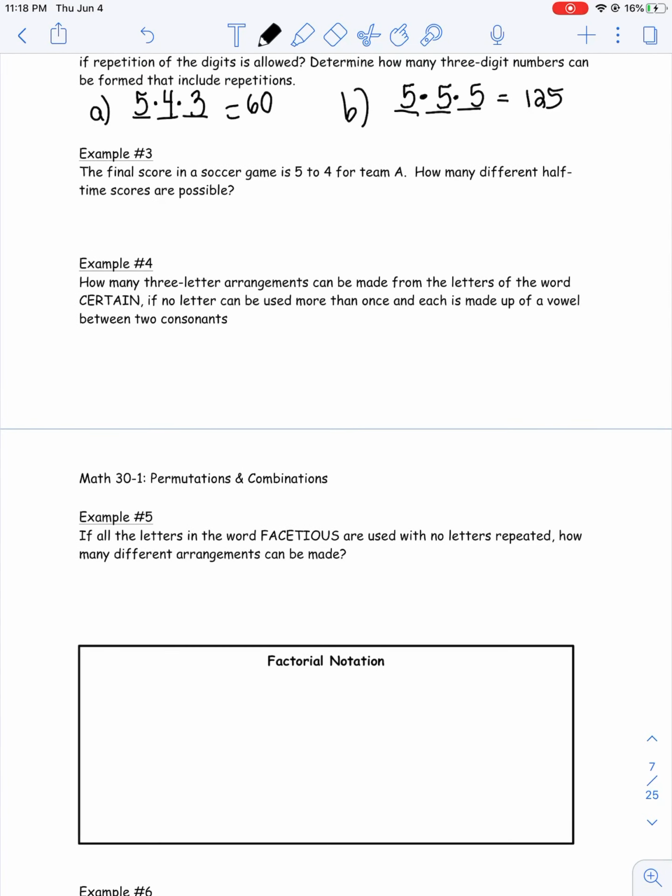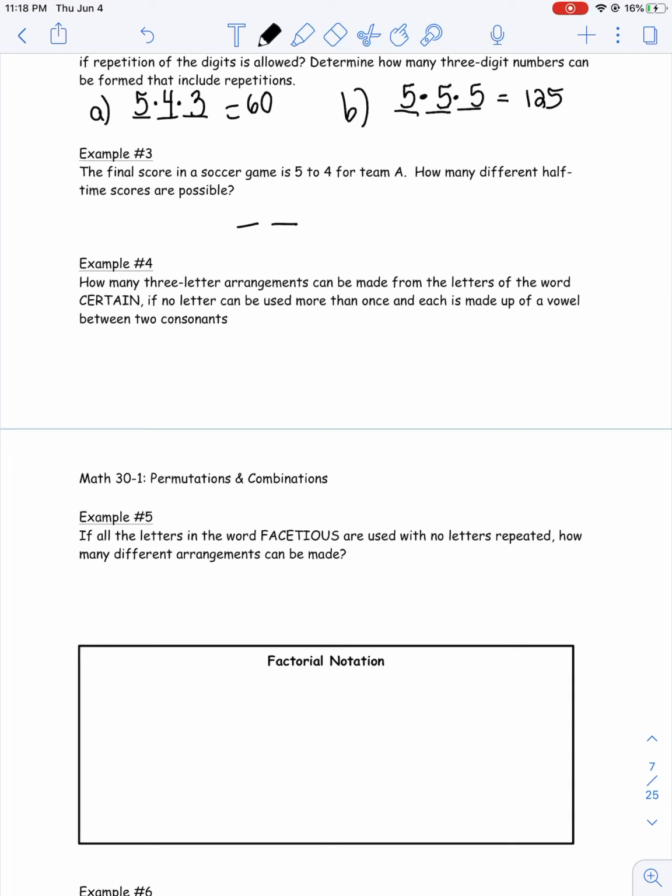Example number 3 is a final score in a soccer game is 5-4 for Team A. How many different halftime scores are possible? Well, there's 2 spots, right? 1 spot for the first team and 1 spot for the second team.